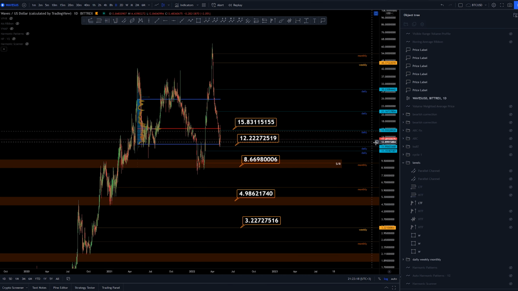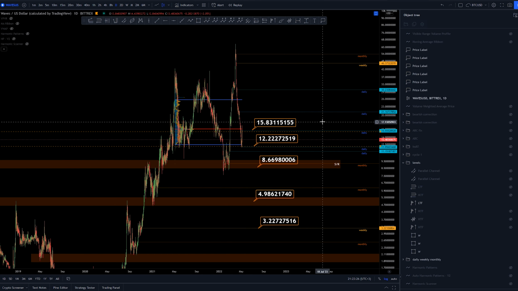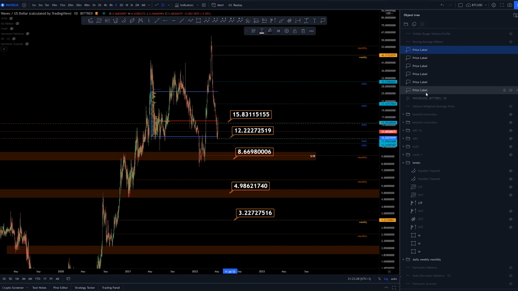I'm setting myself a couple of different alarms here, so I can take a peek once something happens on the coin. These are my targets that I'm going to be interested in on a higher time frame.